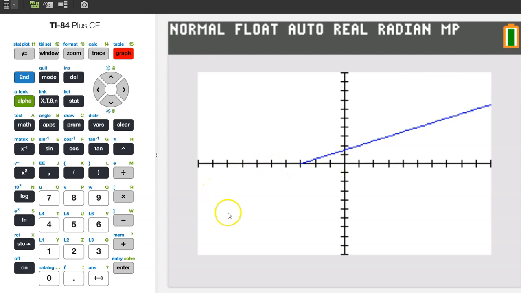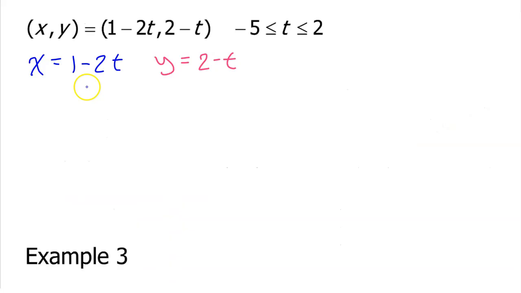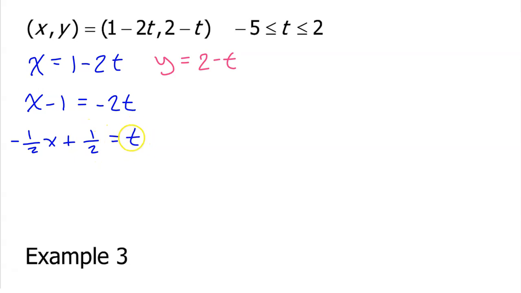Let's see if we can algebraically convert this parametric equation into a normal Cartesian equation, a normal rectangular equation. Let's isolate the t from the x equation. Subtracting 1 from both sides gives us x minus 1 equals -2t. Dividing both sides by -2 gives us -1/2 x plus 1/2 is equal to t.